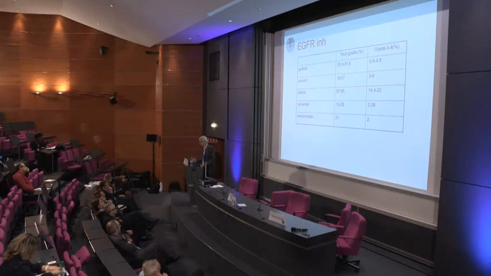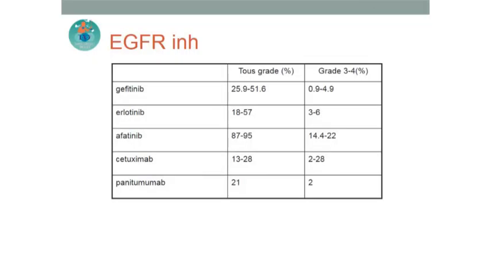If we look at the different categories of EGFR inhibitors, if we also look at monoclonal antibodies, they all cause diarrhea, and mostly with the EGFR inhibitors, higher incidence with the EGFR inhibitors compared to monoclonal antibodies, around 5%, but it can actually reach 20% with a toxicity of grade 3, 4, so that patients need to be hospitalized.